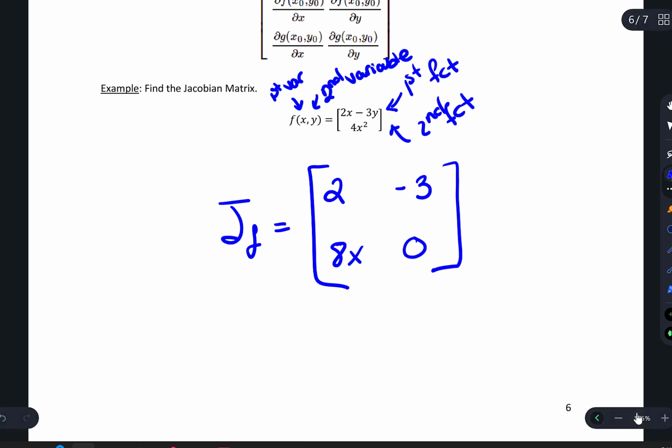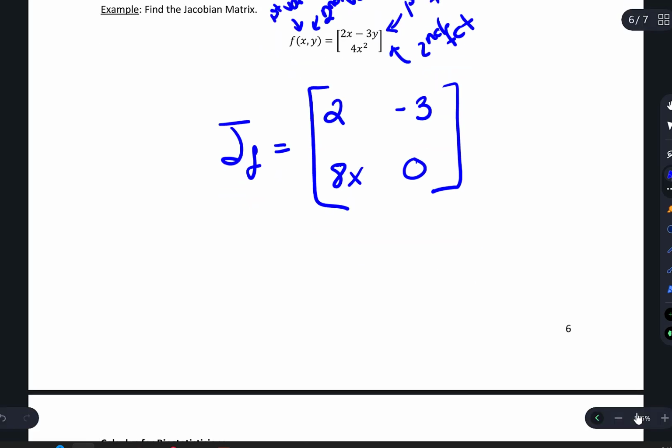So notice, however many functions you have in your output, that's how many rows you're going to have. And however many variables you have is going to be the number of columns in the Jacobian.